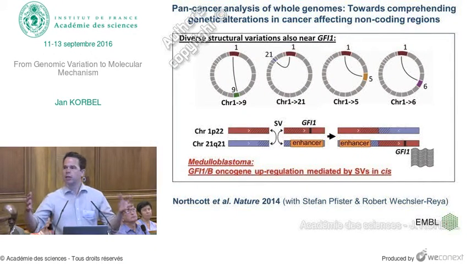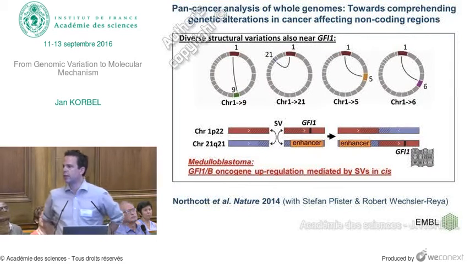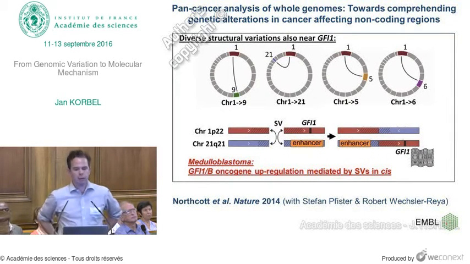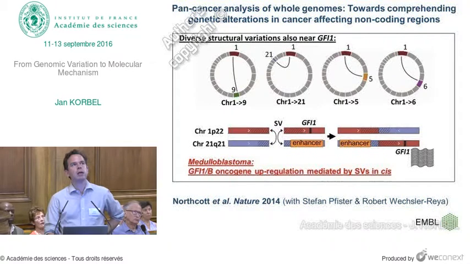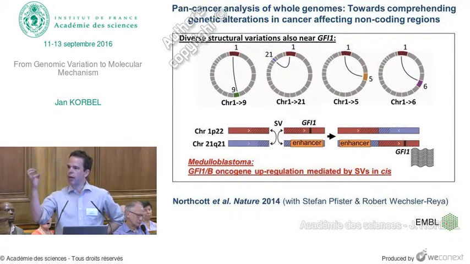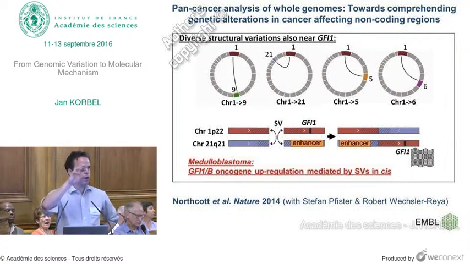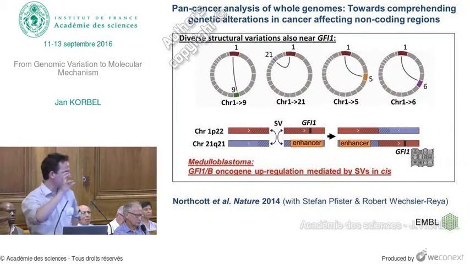And since we now have 2,800 cancer genomes available, we were wondering, can we assess whether this mechanism of enhancer hijacking, where rearrangements in the cancer genome bring enhancers to new positions, is more prevalent?